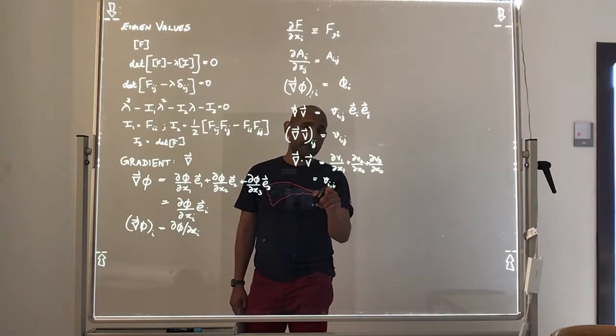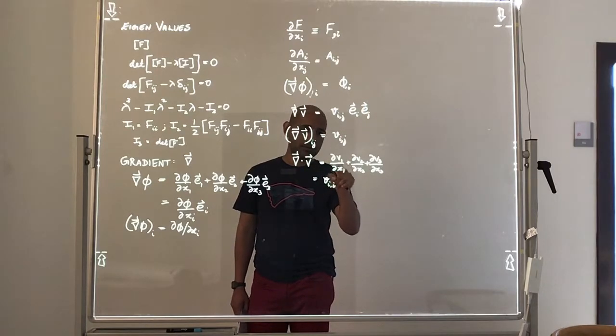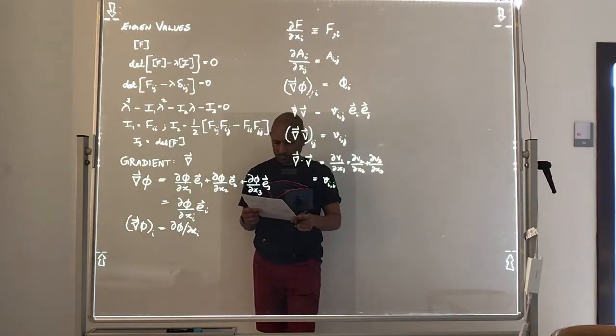Notice the beauty of comma and index notation here. Since there are two i's with this one object, summation still holds, and the summation is dV1/dx1, dV2/dx2, dV3/dx3.